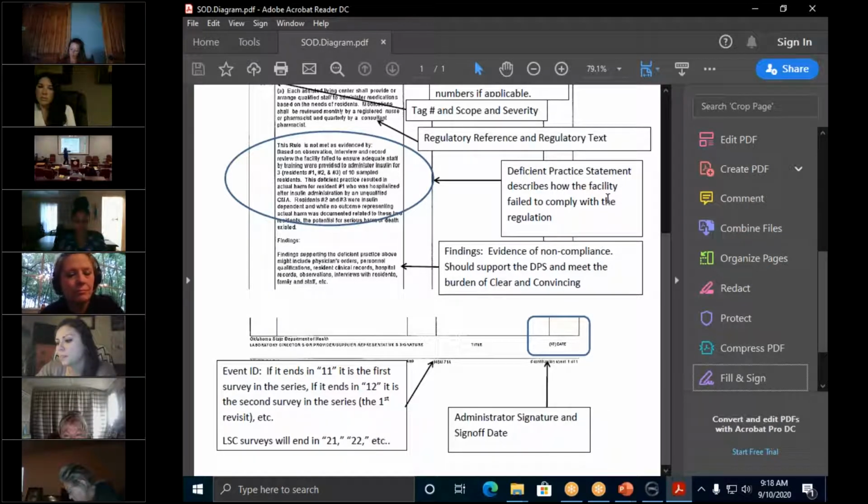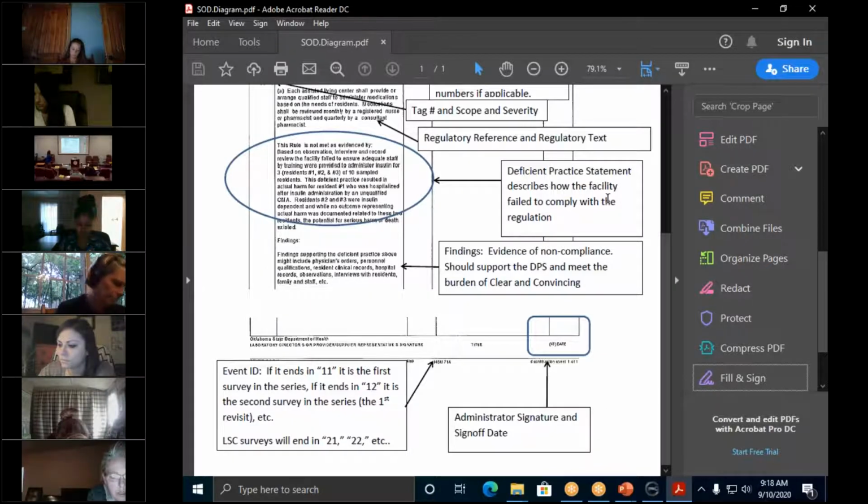But at the bottom of all of the forms, middle bottom, there's an event ID. If the event ID ends in 11, it's the first survey in the series. If it ends in 12, it's the second survey in the series or the revisit. Life safety surveys end in 2-1, 2-2, 2-3, etc. The life safety starts with a 2, health starts with a 1.